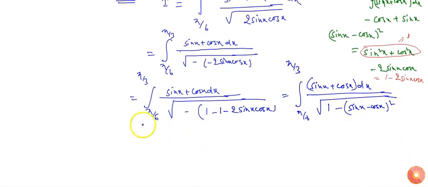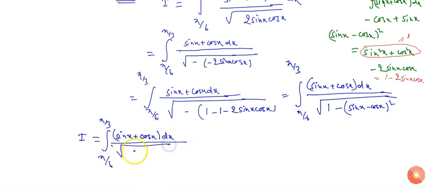So now the integral from pi by 6 to pi by 3 of sin x plus cos x dx by root of 1 minus sin x minus cos x whole square. So now I can use the substitution method here.